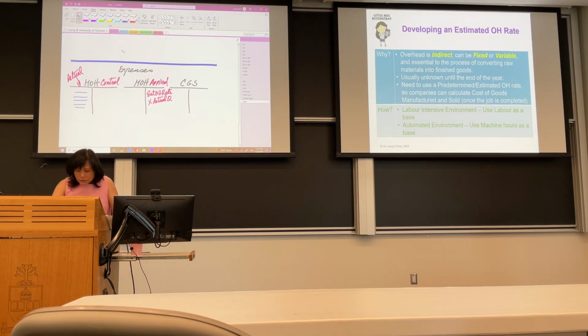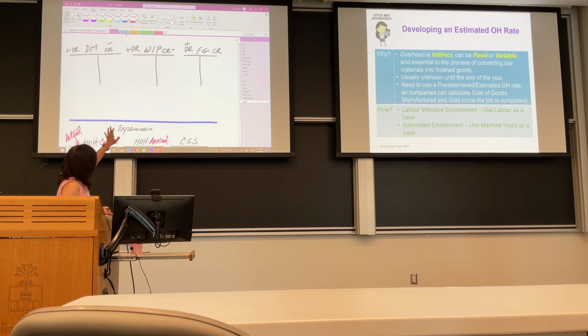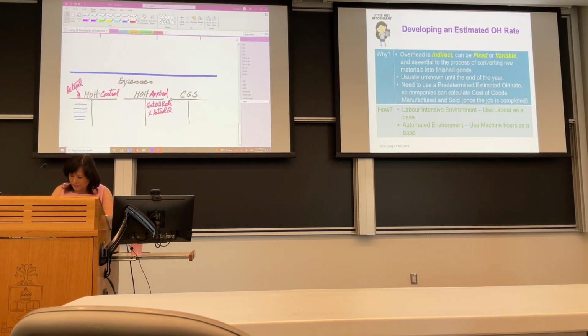So what do we do? We don't apply it right away into work in process. We did it last class because it was the end of the year. But during the whole year, what do I do? I apply. Okay? So based on $40 and 35,000, I apply $1.4 million.